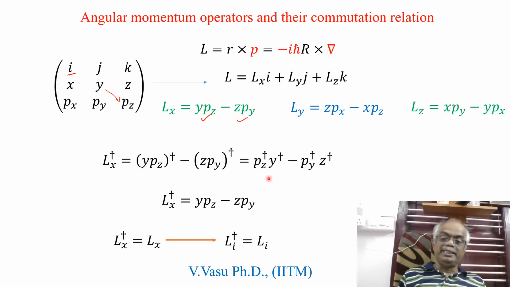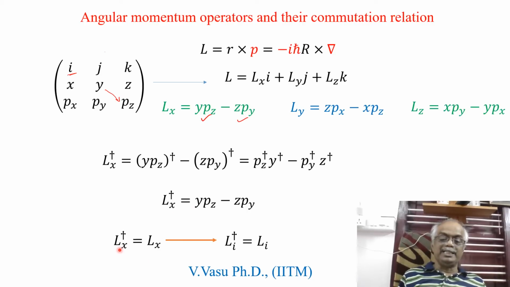So apply the same logic. That is, z and momentum along the y component will commute, so you can interchange. I am interchanging z and py. So this will become minus zpy, which is exactly equal to Lx.